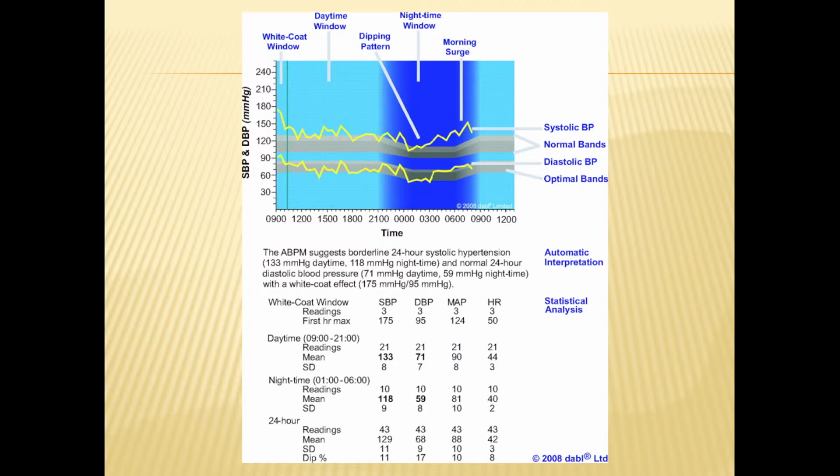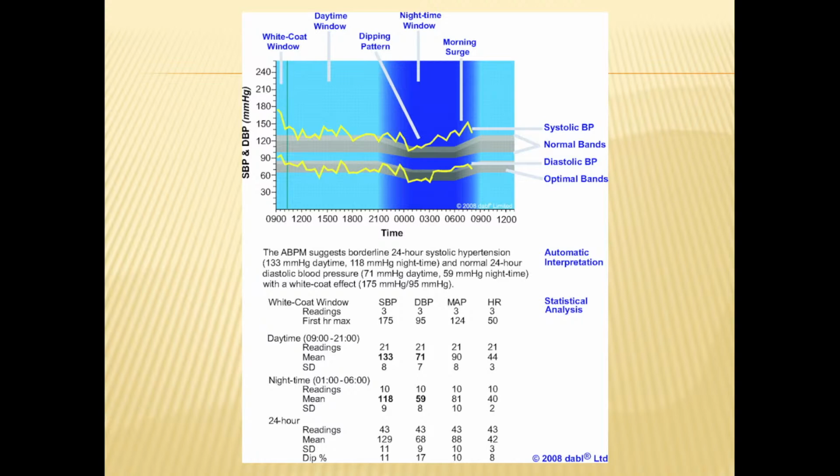And you have to remember that BP usually changes its level during daily activity. And you see at night a dipping pattern. At night time, when patients sleep, BP becomes lower than at daytime.